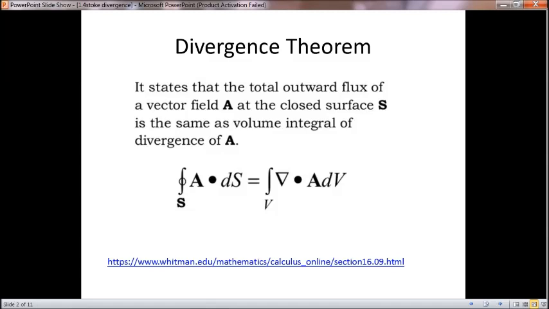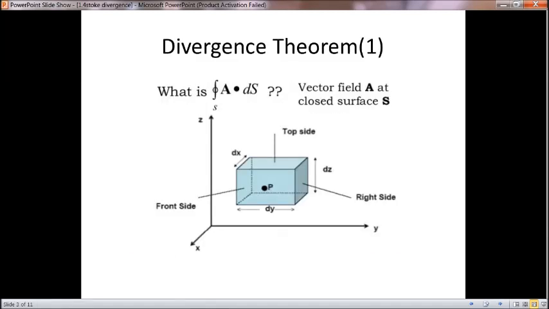We will see now what this surface is, what this volume is, and what the closed surface integral of A dot ds represents. In the divergence theorem, on the left hand side we have the surface integral of A dot ds. What is this A dot ds? This is vector field A at closed surface S. Whenever we are considering a vector field, we have to take that vector field over a space, and we have to consider that the field is working at a particular point over the space.